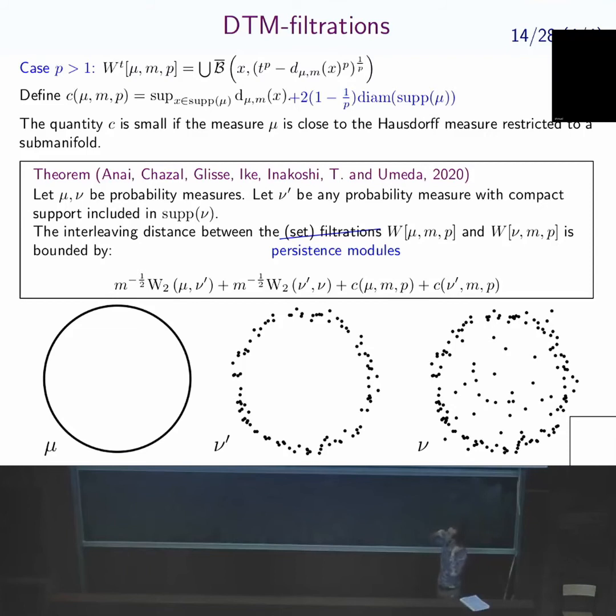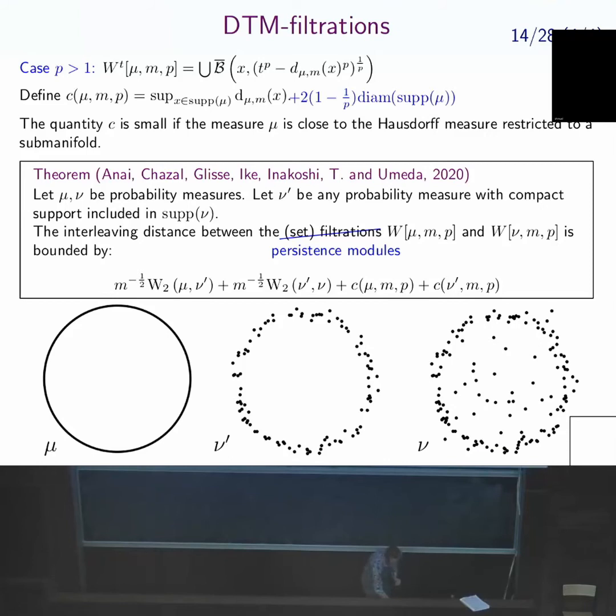So we have a stability at a homological level. Okay, and this stability result in Wasserstein distance guarantees that we can apply the DTM filtrations on point clouds with anomalous points and still obtain informative barcodes at the end.